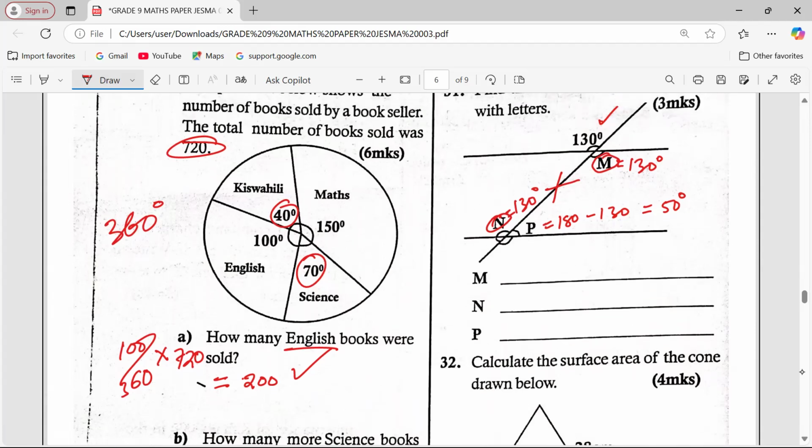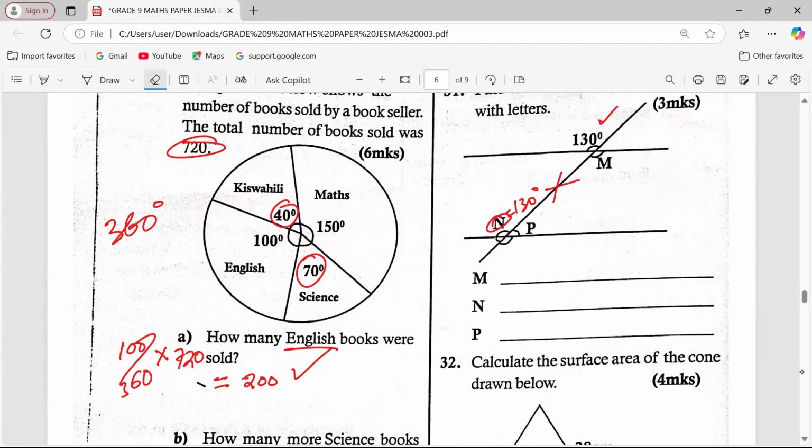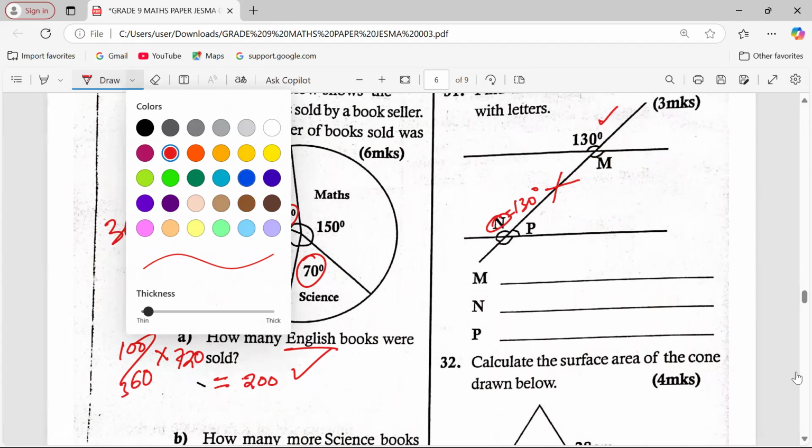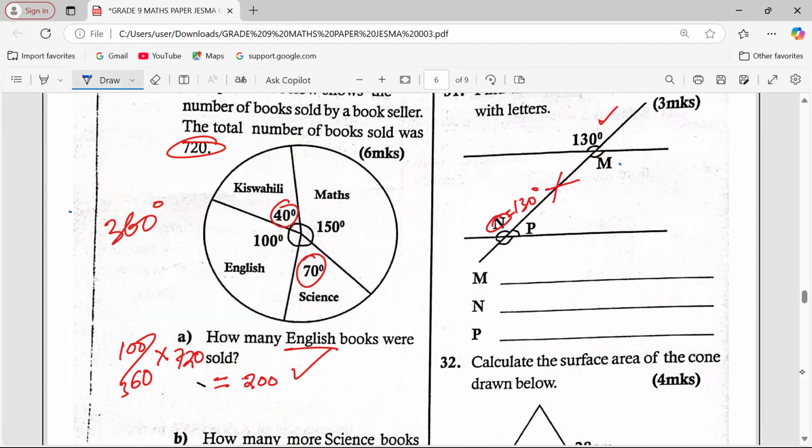Else, we can also say that angles M and P, remember, M is already 130. So M and P are said to be cointerior angles, or rather, allied angles.